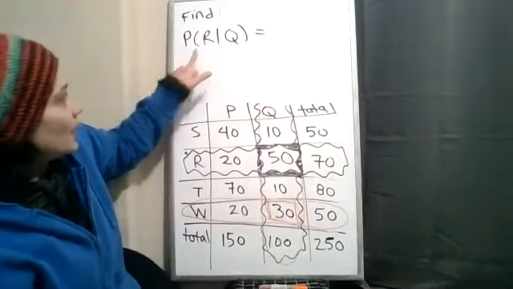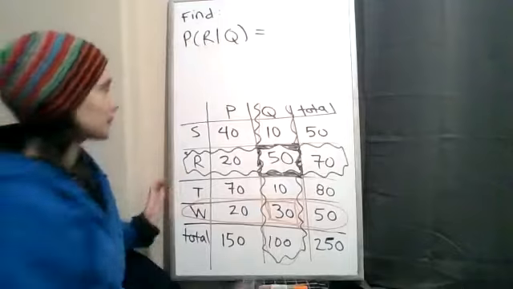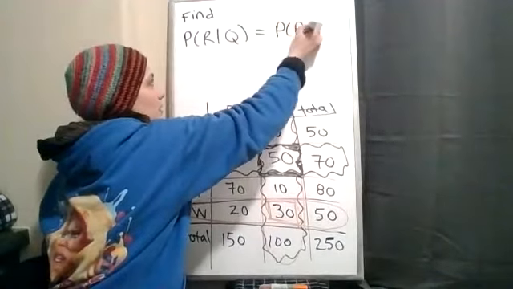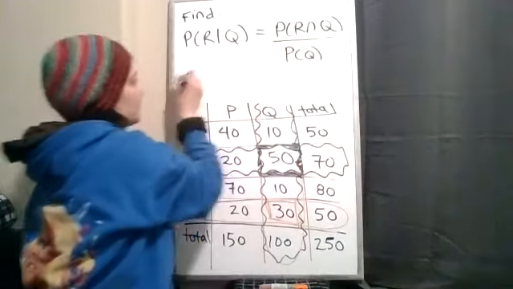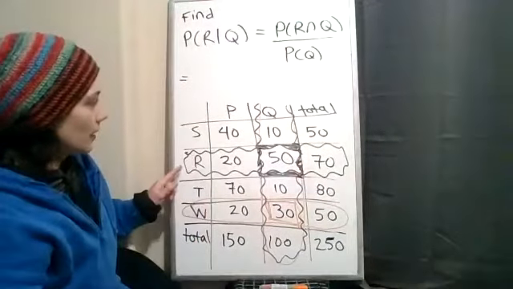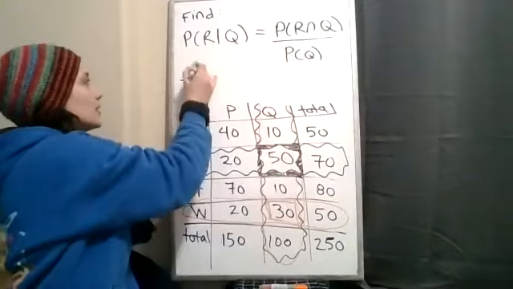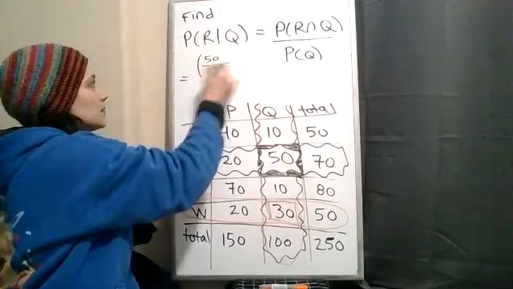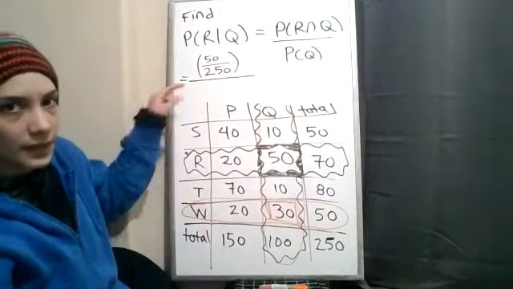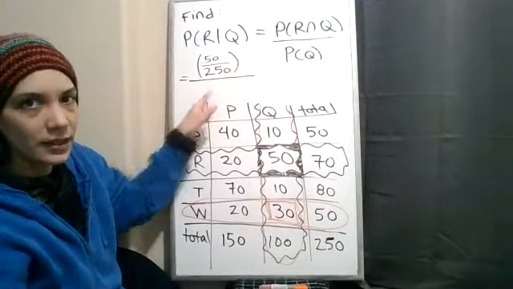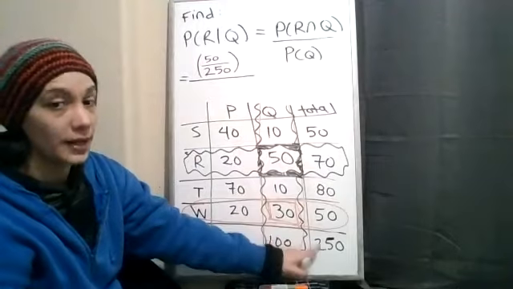All right, so it's probability of R intersect Q divided by the probability of Q. Okay, we got this probability. R intersect Q is 50 over 250. This probability in the denominator, probability of Q is 100 out of 250.